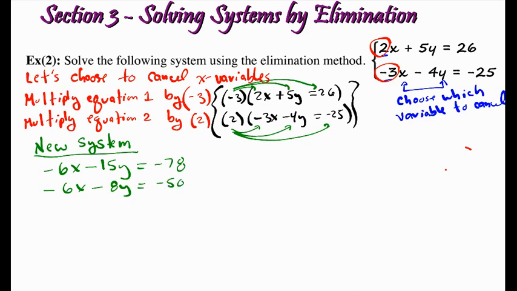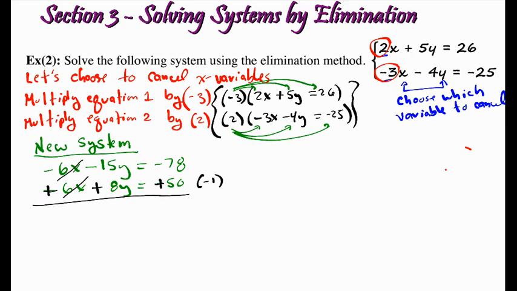And we see that the x's have matching coefficients, but we need them to be opposite signs. So we're going to multiply everything by -1, which just changes the sign of everything in the equation. And this will allow us to add each of the terms and successfully cancel out the x variable.